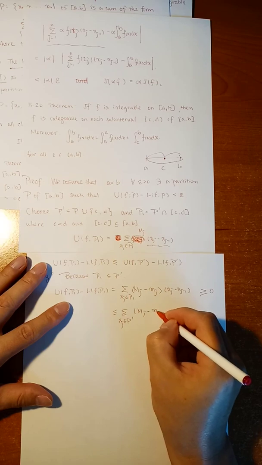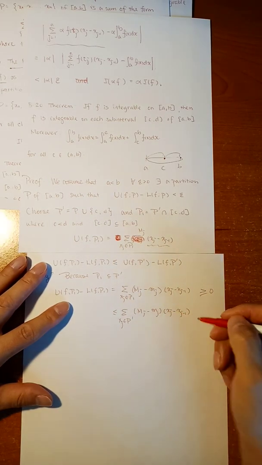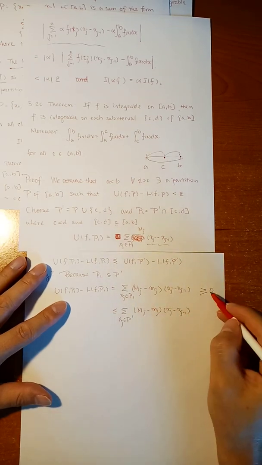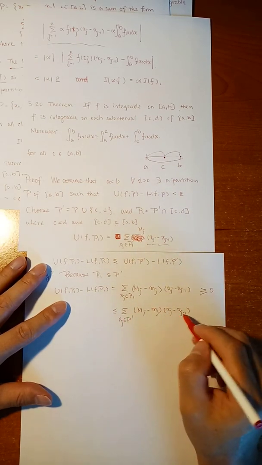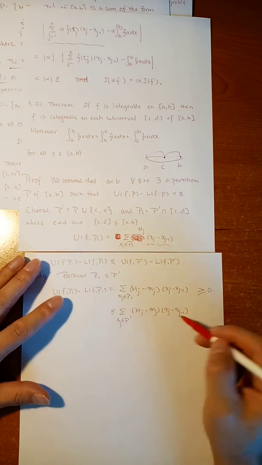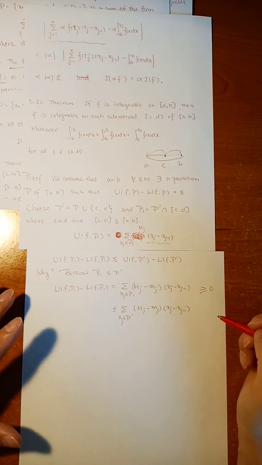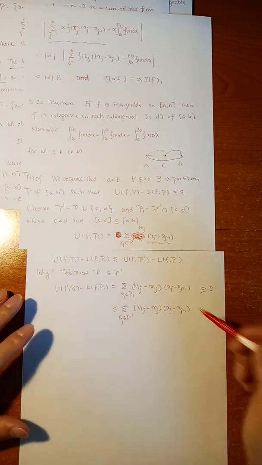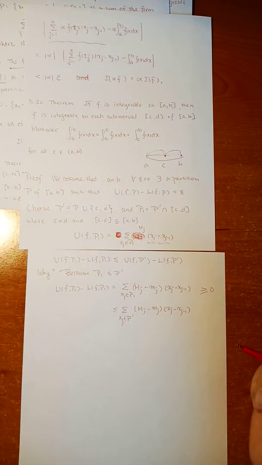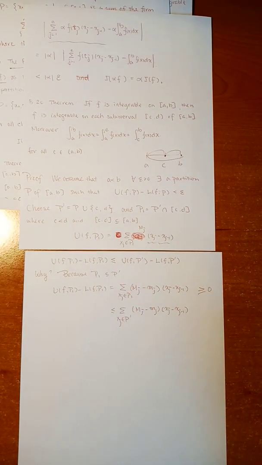Every term is positive, so you add more positive products and the sum gets bigger; you enlarge it. Okay, so this is the reason why this difference is less than or equal to this difference.